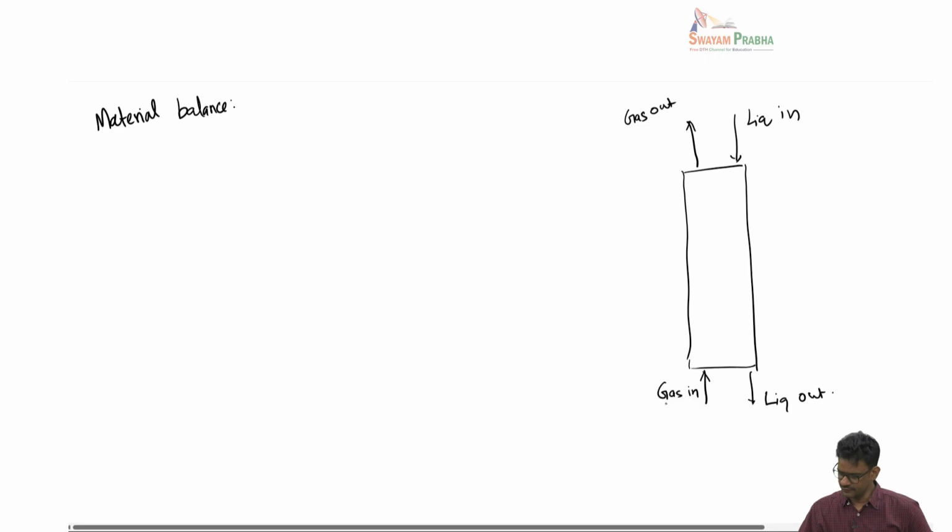For each of the streams we will define G1, GS, small y1 and capital Y1. Similarly for the outlet, G2, GS, y2, capital Y2. For the liquid phase, we have L2, LS, x2 and capital X2.